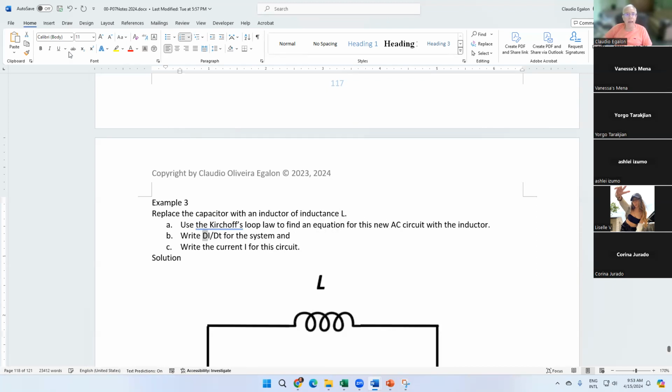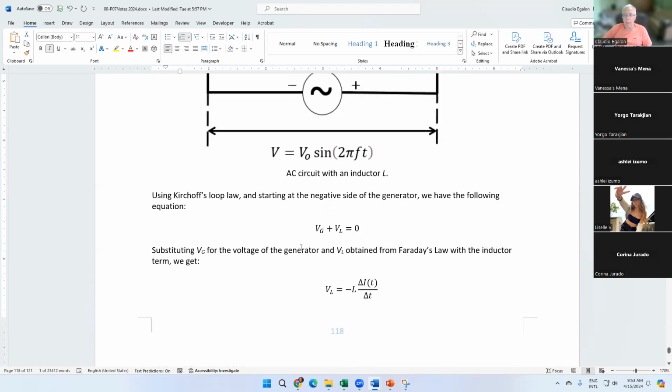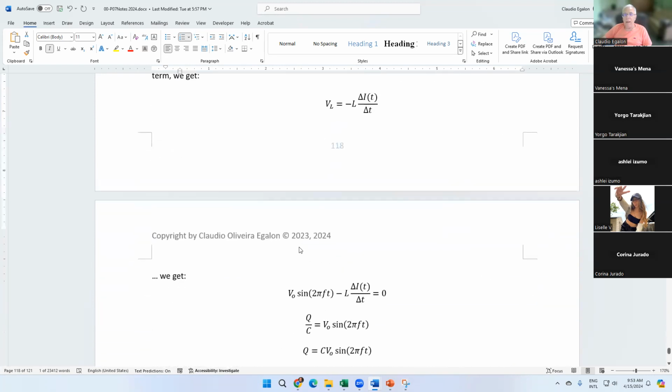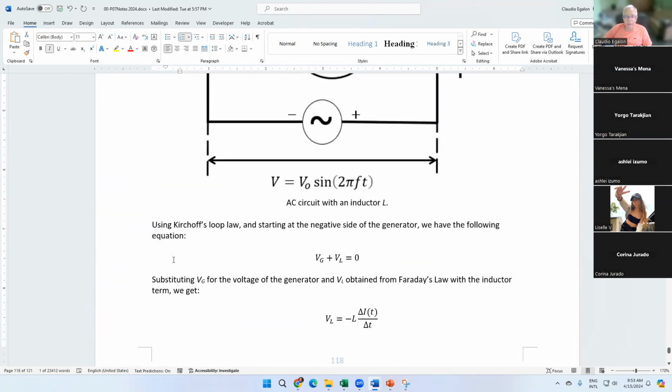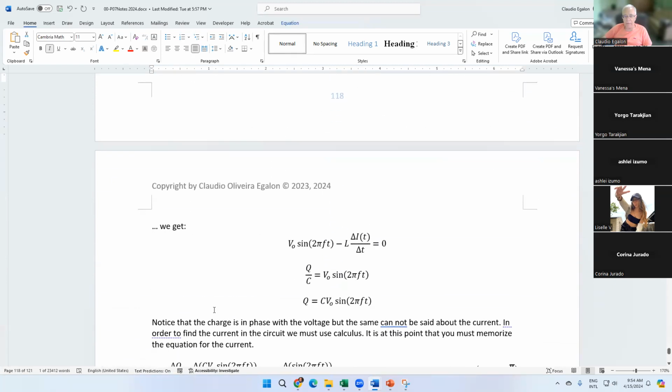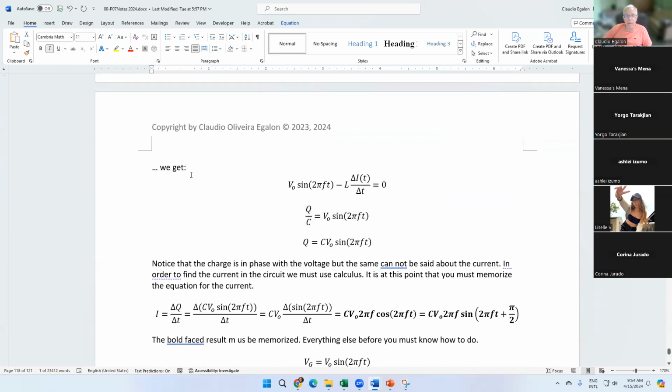Here it should be delta I over delta T, okay, like that. So that's going to be item A. This one right here. We get item A.